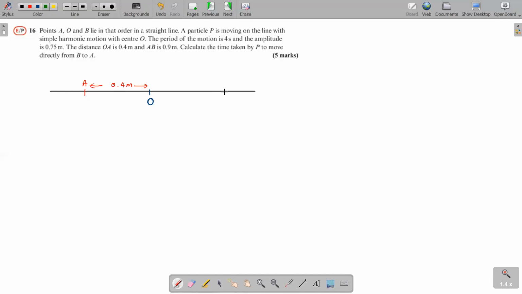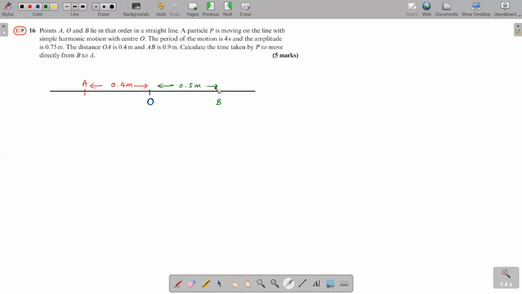So B should be somewhere over here. Do you agree? So AB is 0.9 means what's the OB distance? If AB is 0.9, it means the OB distance should be 0.5. Do you agree? Because since we know A to O is 0.4 and we know it lies in this order, OB should be 0.5.